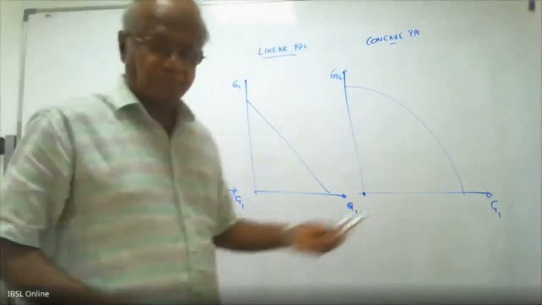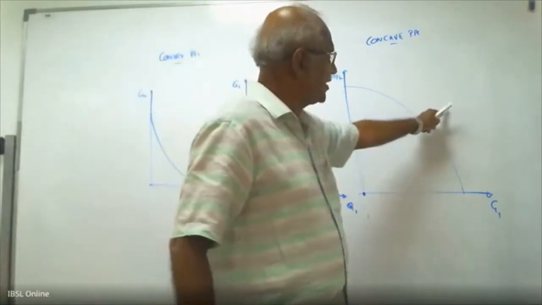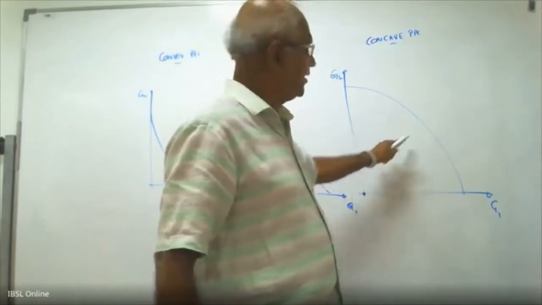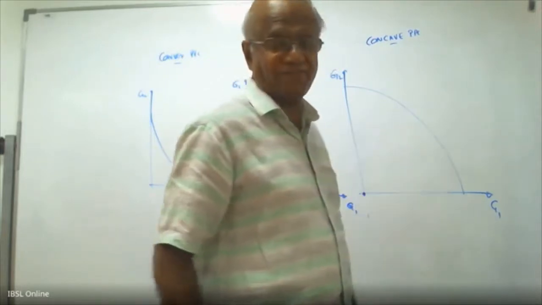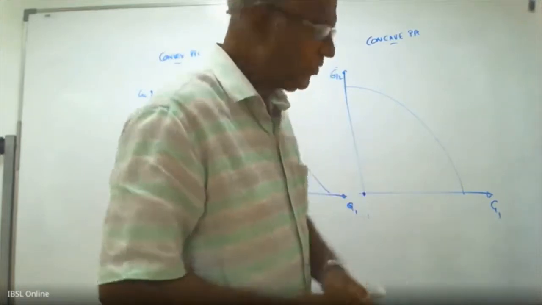So we discussed scarcity of factors of production, inefficient allocation, and efficient allocation of factors of production. But the opportunity cost, the other day I did mention, is this.